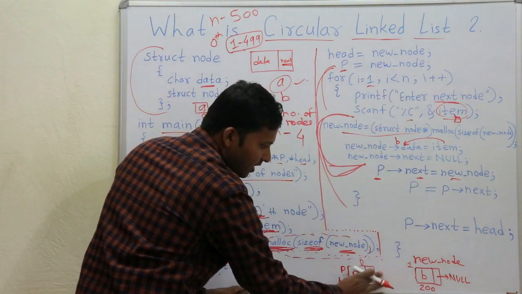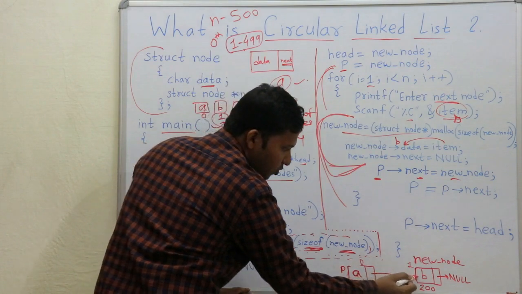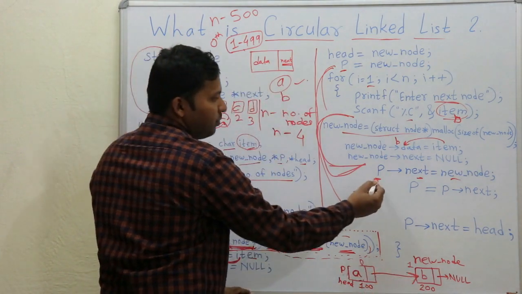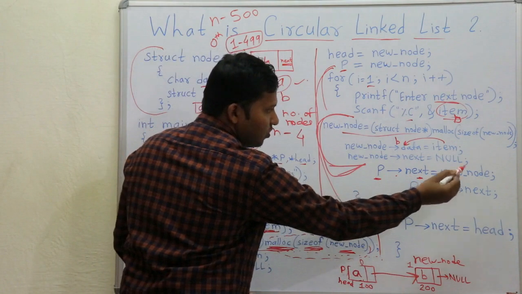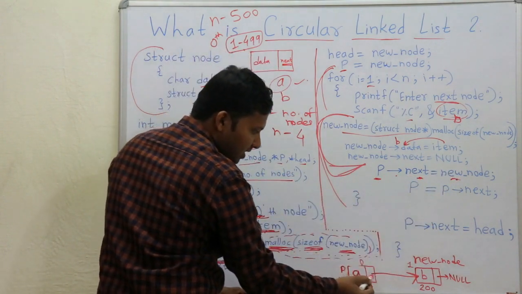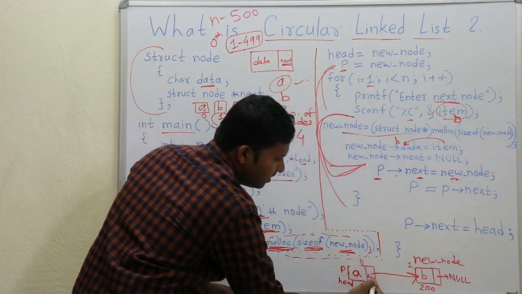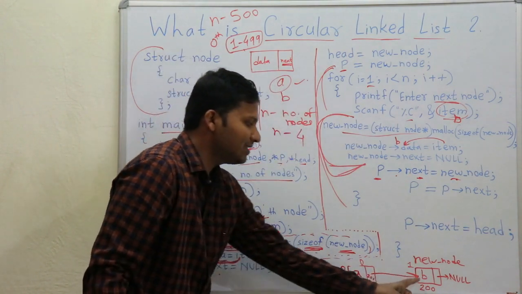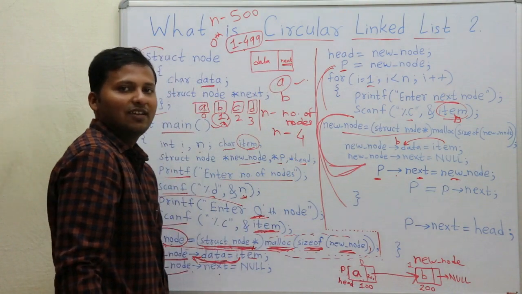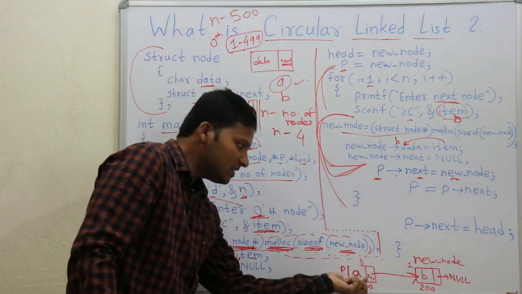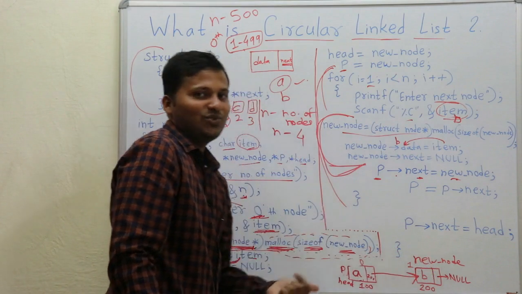So now this is not null. We made it point to new node. P points next is equal to new node means here address 200 will be stored. So this is how we link the 0th node to the first node.